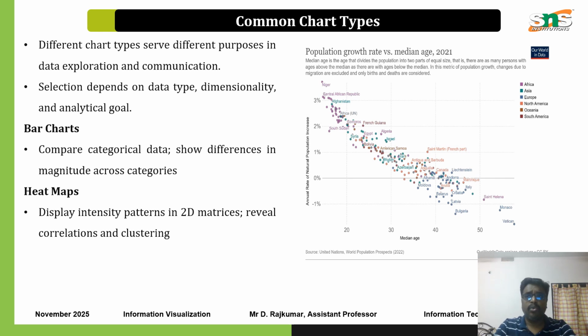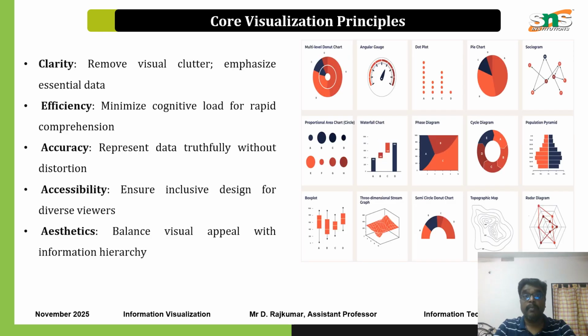Bar charts are used to compare categorical data, that is, they show the difference in magnitude across categories, whereas heat maps help us display intensity patterns in 2D matrices and reveal correlations or clustering, like population data or the number of users data. Heat maps help us a lot.